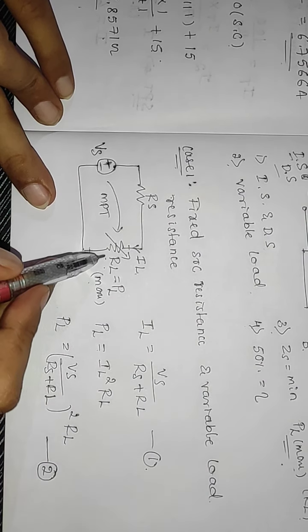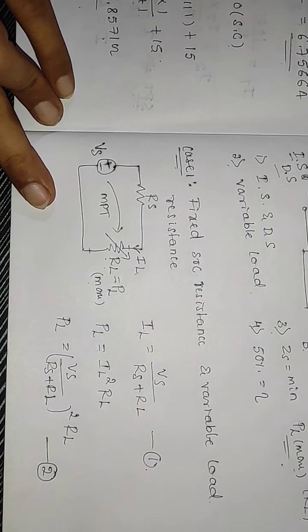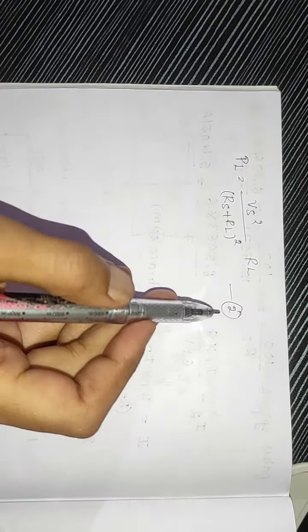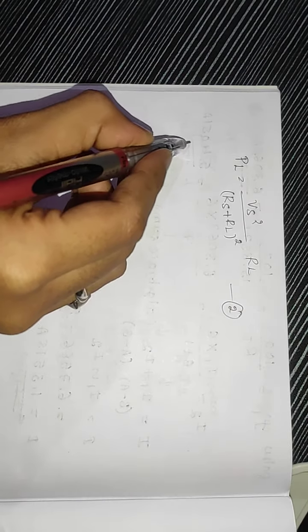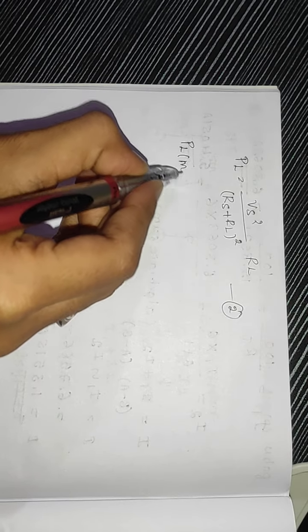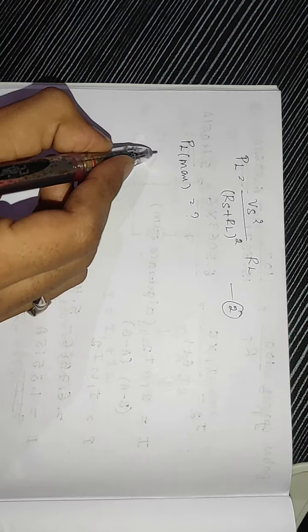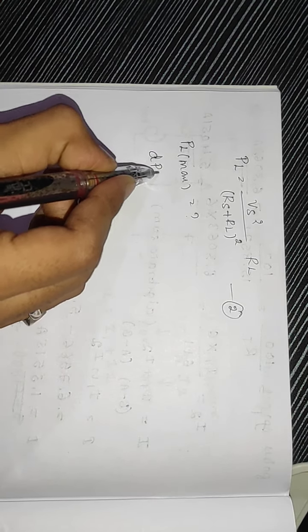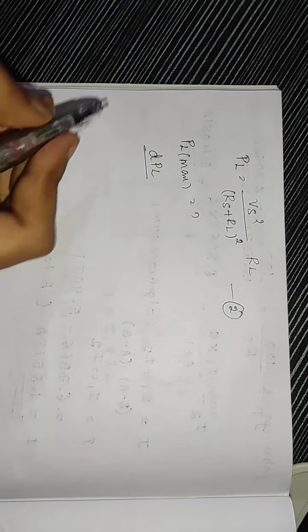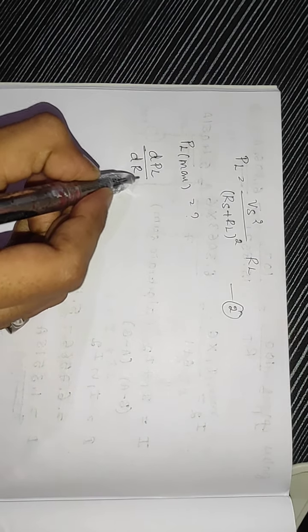Here the variable element is RL. So this is equation 2. Here you have to find the maximum power, so differentiating equation 2 with respect to the variable element, that is RL.